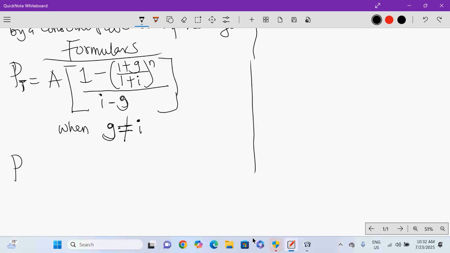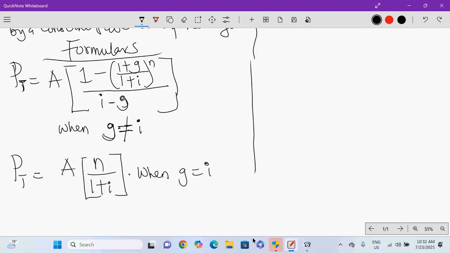And then there's another formula, which is the total present value equal to A multiplying n over 1 plus i. When do we use this formula? We use this formula when the growth rate is equal to the interest rate.